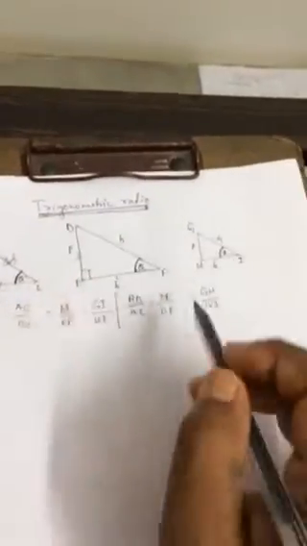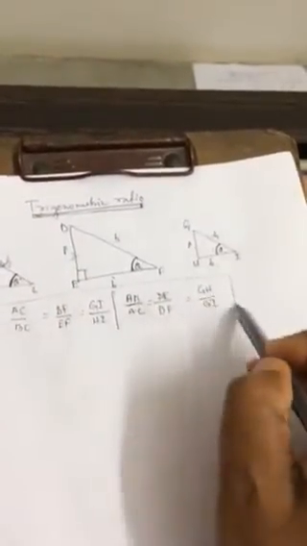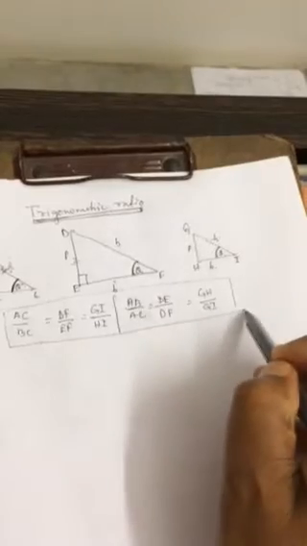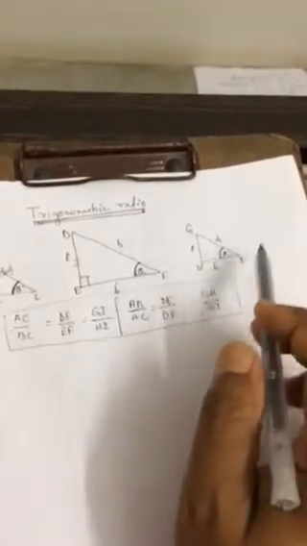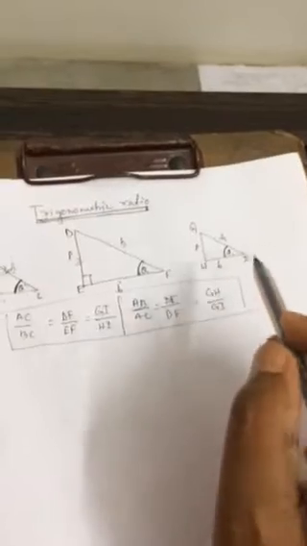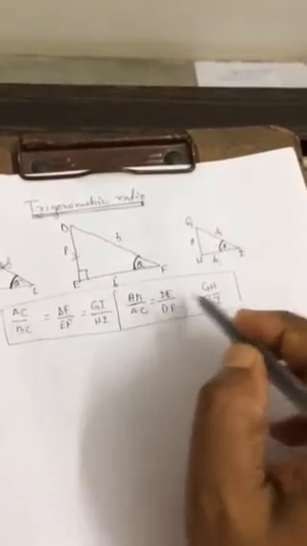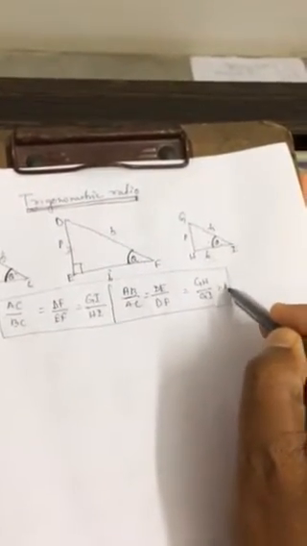It will always be equal. This means the value of the ratio will be constant. The condition is that the acute angle should be the same and all three triangles should be right angle triangles. In that case the ratio will be constant. These things can be proved also, but I am not going to prove it.